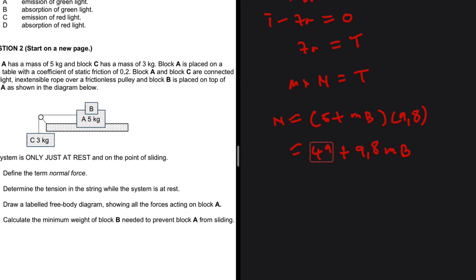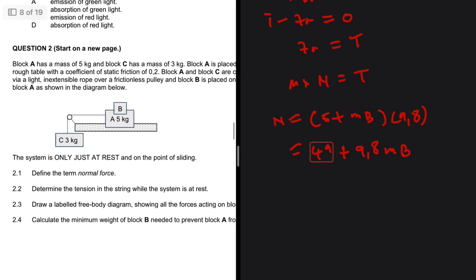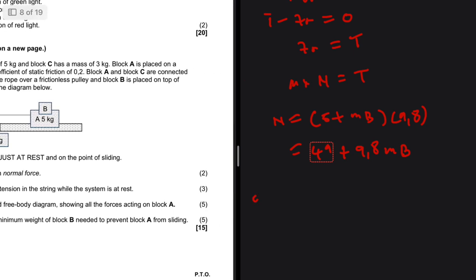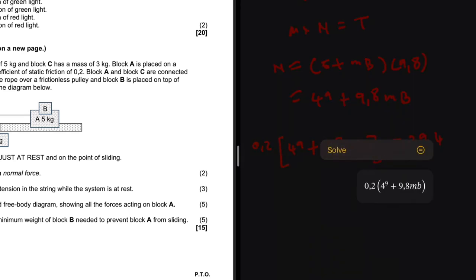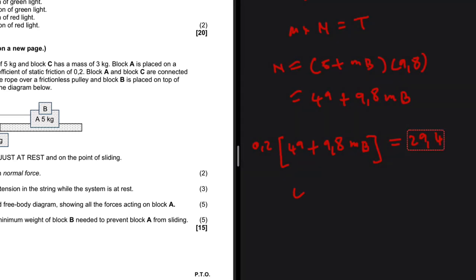So there we go. We're going to have the coefficient, which is 0.2, multiplied by 49 plus 9.8 mass of B. And this is equal to the tension, which is 29.4. So I'm going to divide both sides by 0.2.